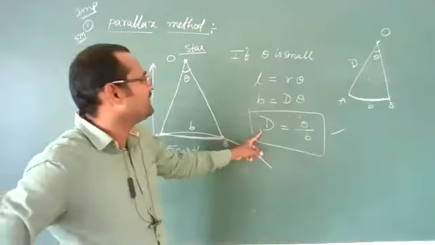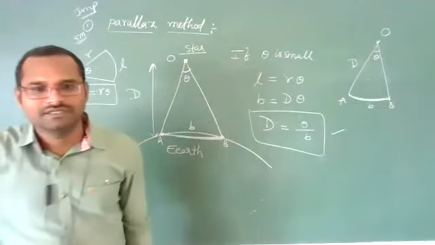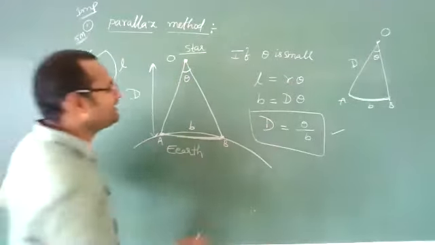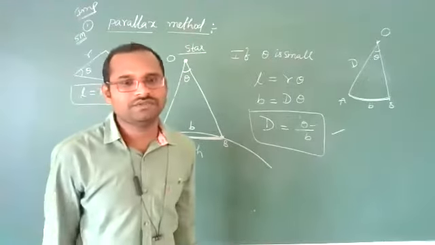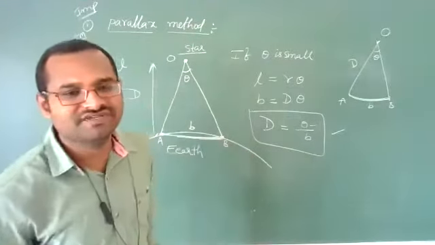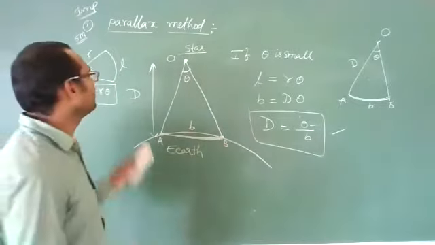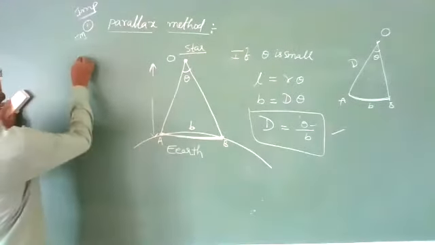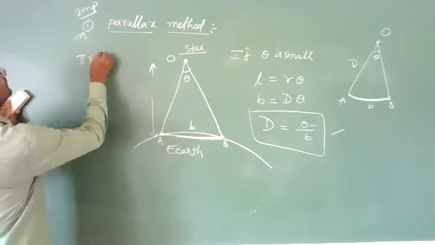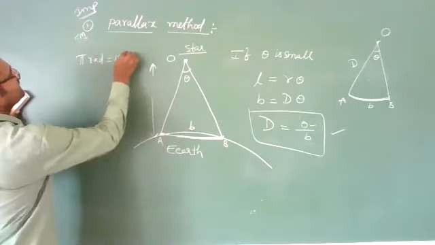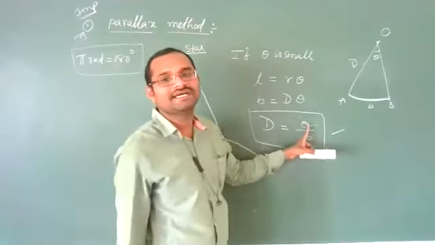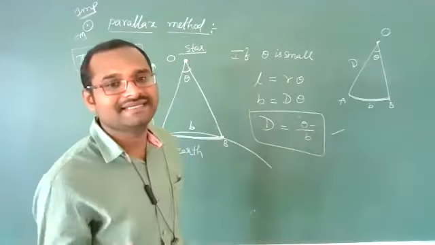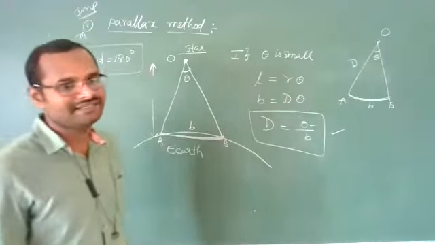So capital D will be given as b by theta. Clear? Now, this theta is not in degrees, it is in radians. I told you the conversion between degrees and radians already: pi radian is equal to 180 degrees. This theta, whatever I am writing here, is not in degrees, it is in radians. We should write it in radians only.